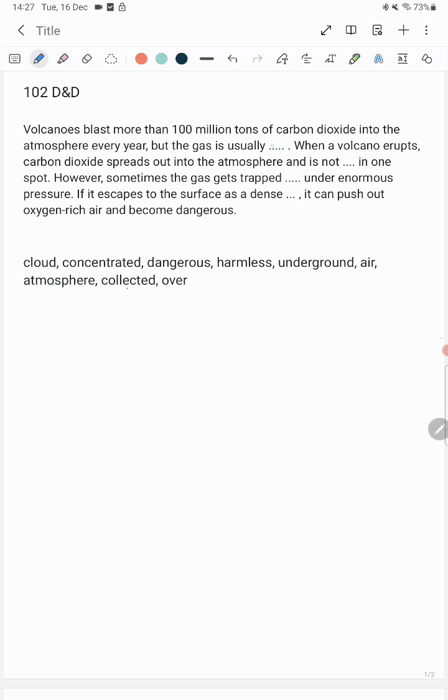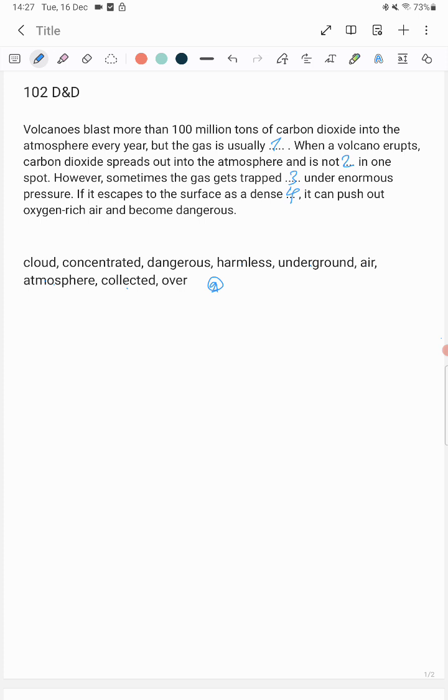As you know, when we have 4 blanks in this task, they give us 8, or sometimes, like this example, 9 words for the blanks.